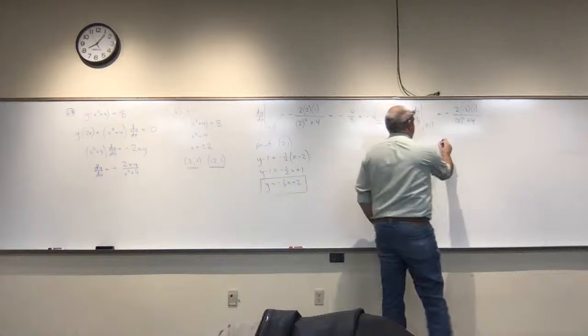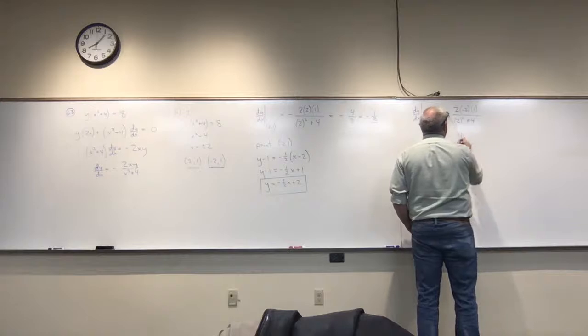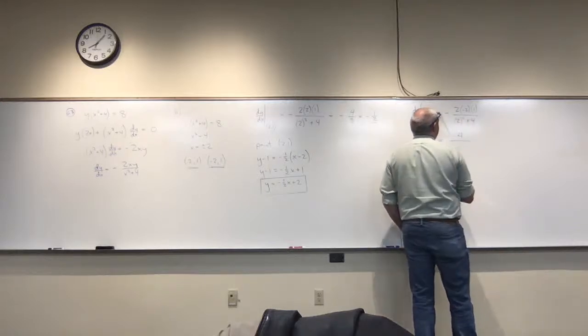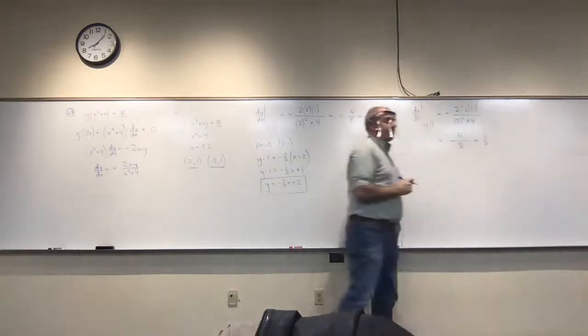Okay, so that is equal to, negative times a negative is positive. So on top I've just got 4, and on bottom I have 4 plus 4, which is 8. So I just get positive 1/2.